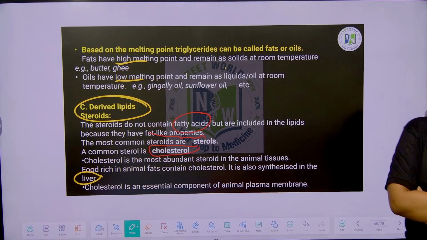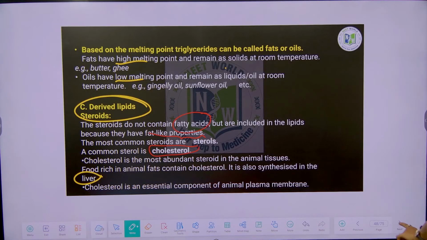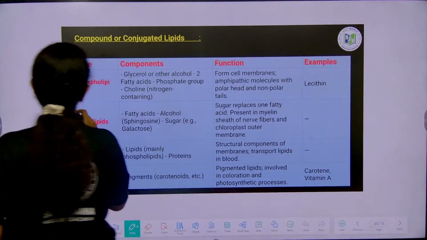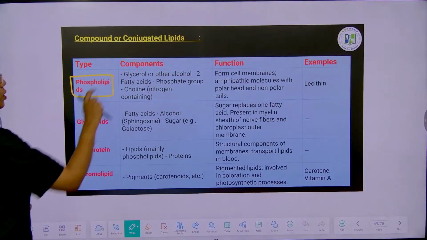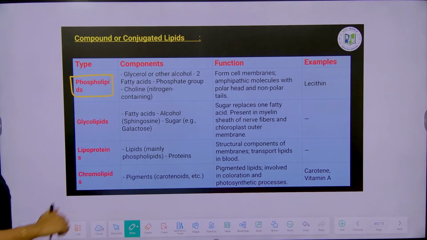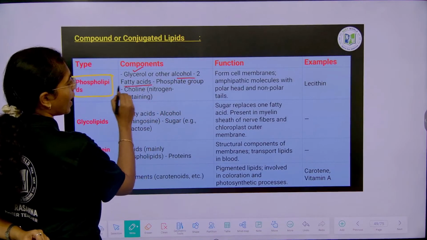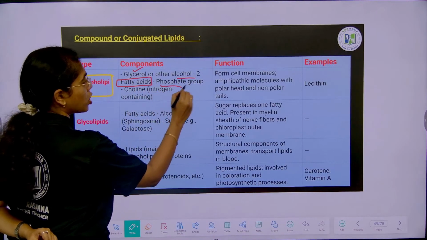Then to learn conjugated lipids, this table is enough. Remember, the first type is phospholipids. What are the components present here? Glycerol, which is an alcohol, two fatty acids and a phosphate group.